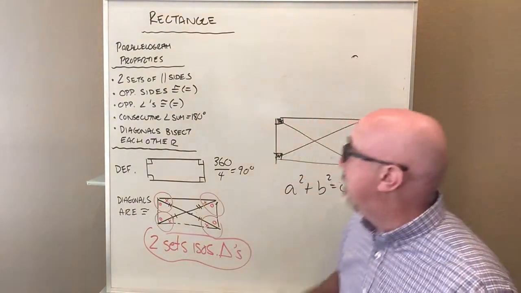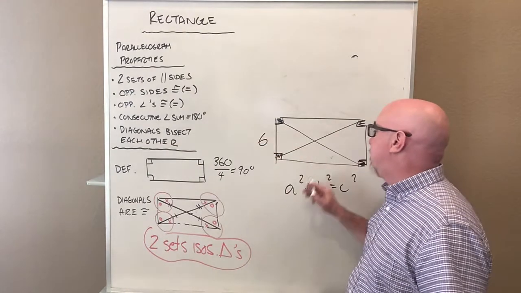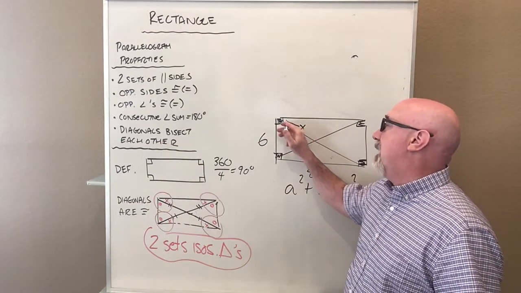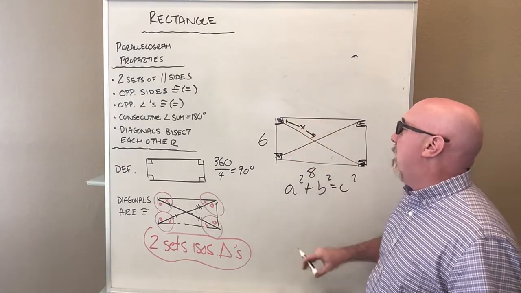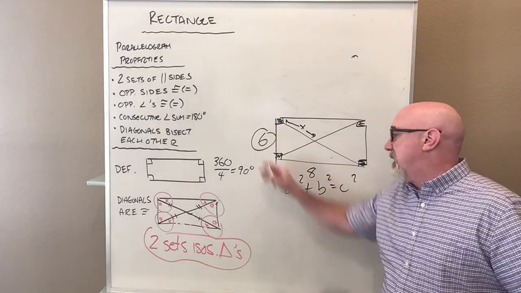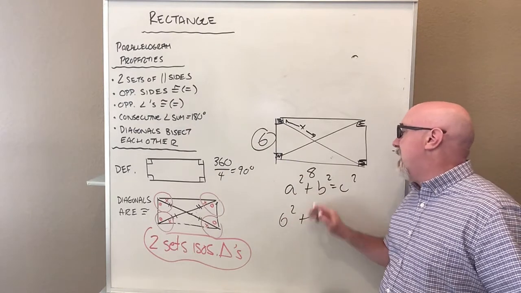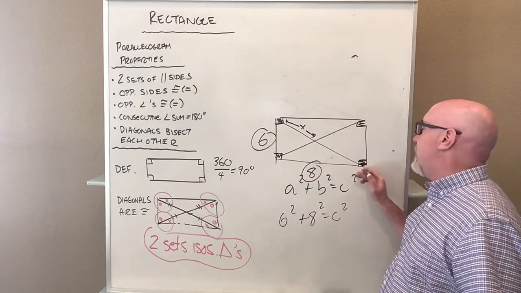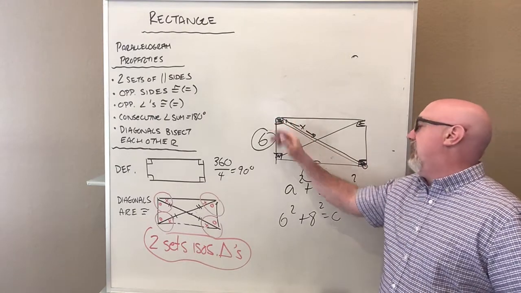So for instance, if they said that this side was 6 and this side was 8, and they would like to know how big is it from here to here, what I would do is I would say 6 squared plus 8 squared equals c squared. Now that would be the entire length there.